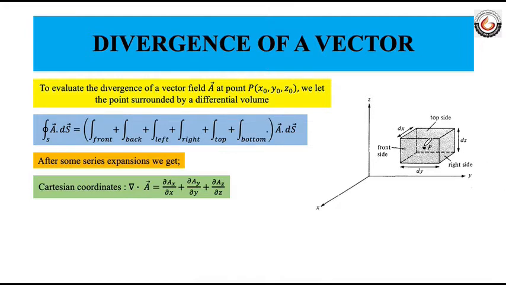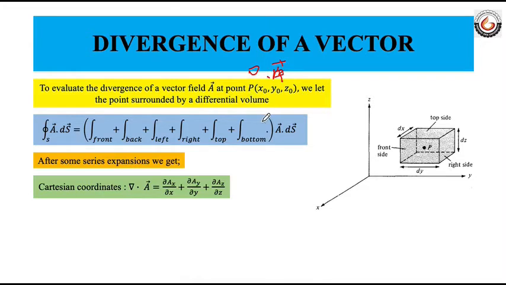Suppose this is my point P, x naught, y naught and z naught, and the point is surrounded by a differential volume. So we can obtain the expression for del dot A vector in the Cartesian coordinate system from the definition in the equation.